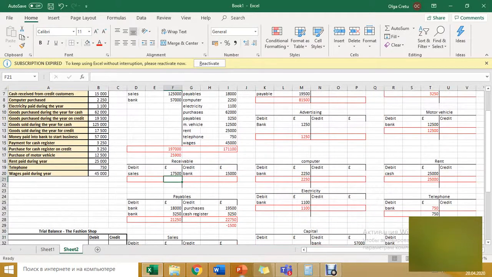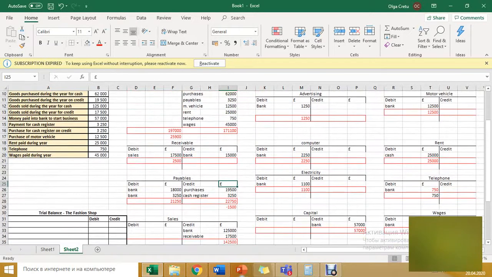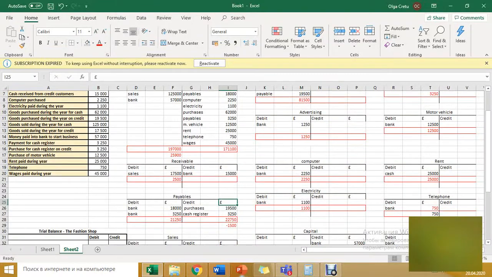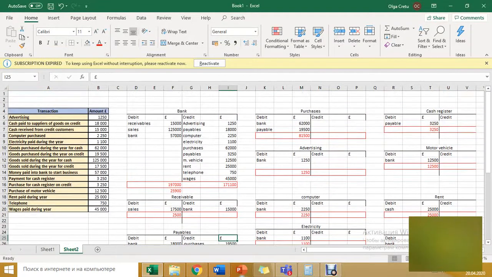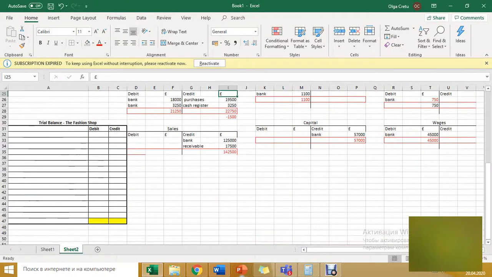Now here we only have to minus, right, done. So 2,500. So we posted all our transactions. Let's check one more time. 750, 25,000, yeah.